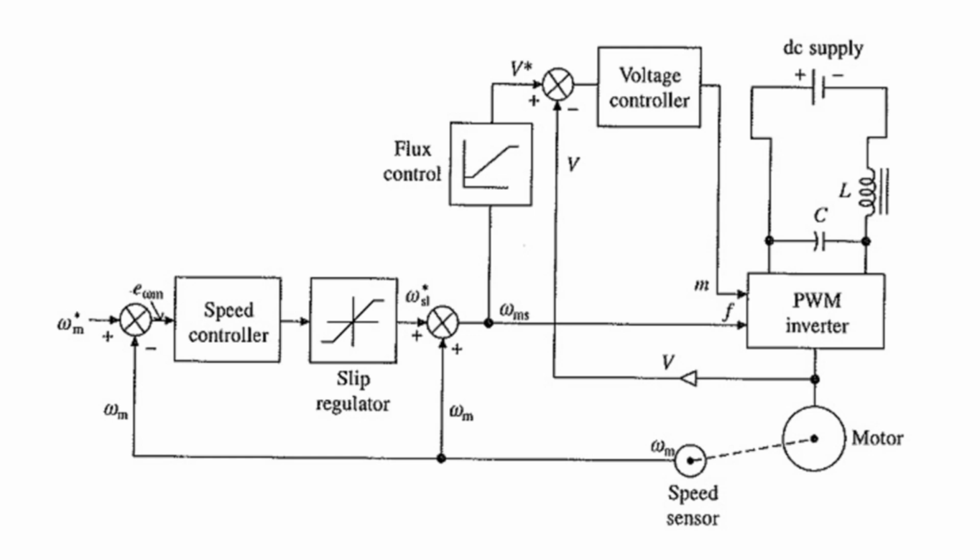There is an increase in the omega M star speed command, so this value is more than the actual measured value, which means your error is positive. So you are getting a positive speed error. At that time omega SL star is set to the maximum permissible value I have already mentioned. That means the drive will be in acceleration mode.